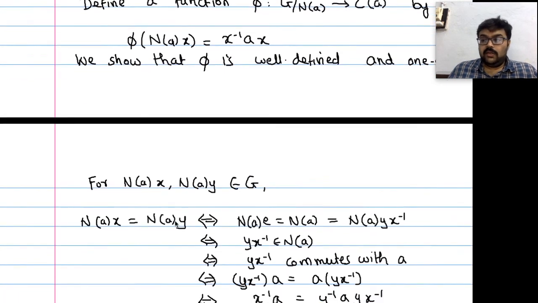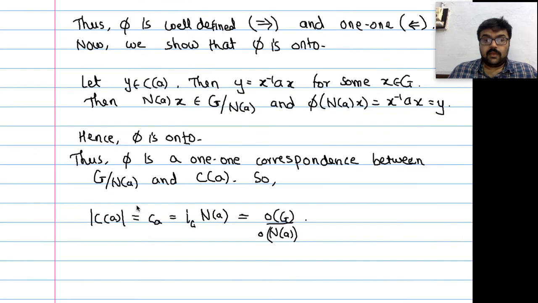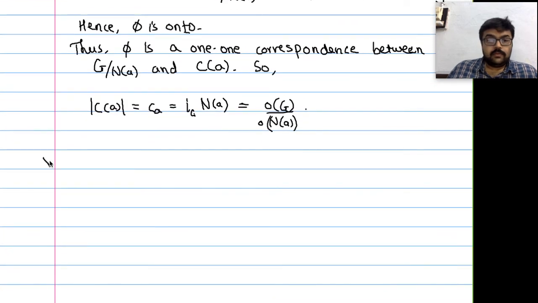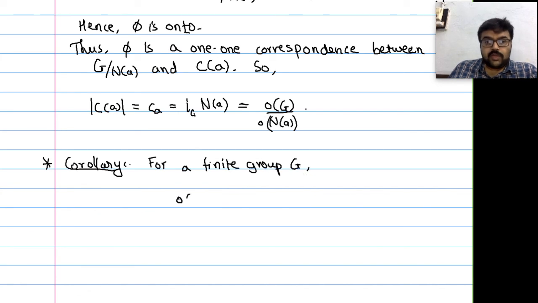so as a corollary, for a finite group G, what is the order of G?